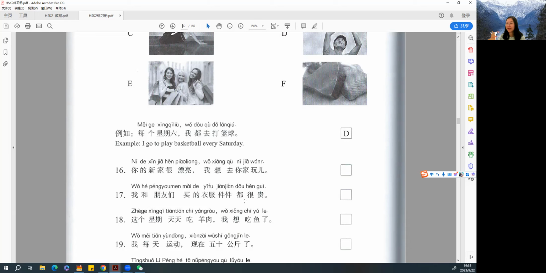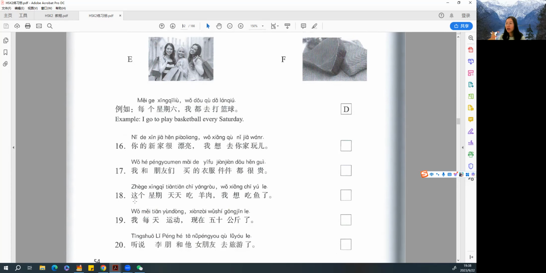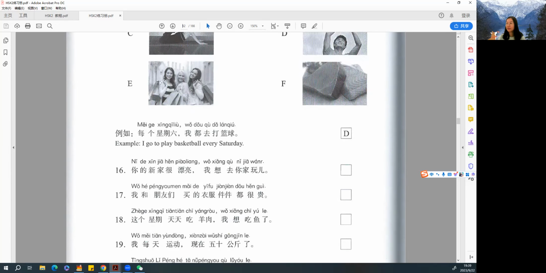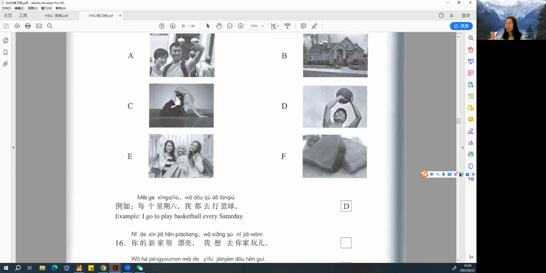We just learned it, correct. Okay, this adjective is very practical. Here 贵 means expensive, very expensive. All right, so this should be E, right?